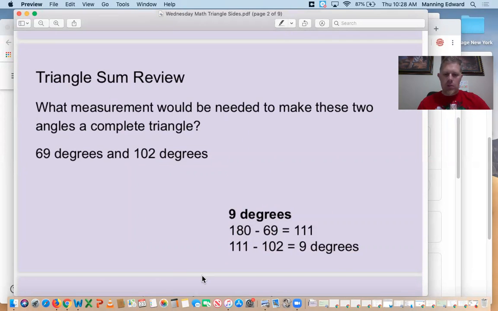We have angles of 69 degrees and 102 degrees, and we want to know what the missing degree is that would make the triangle.